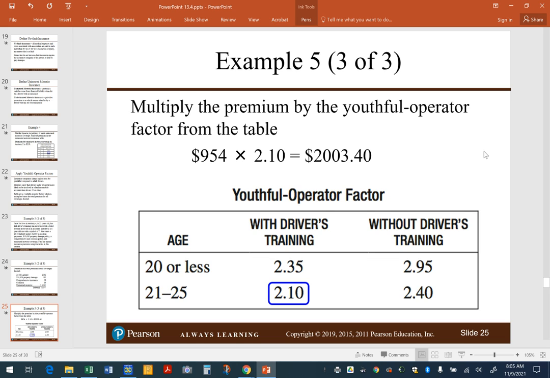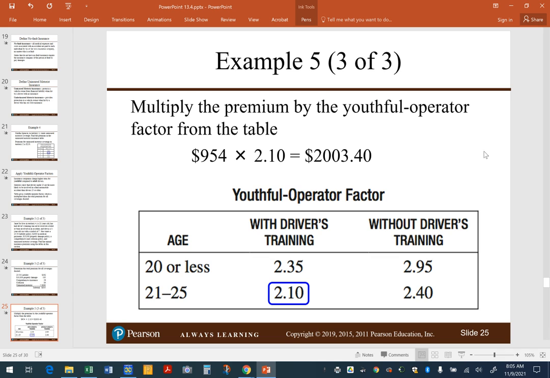If you did not have driver's training, it costs 2.95 times as much, or almost 3 times as much, because you're under age 20 and did not have driver's ed. So that's a huge cost increase, almost 3 times what it would cost someone over age 25.